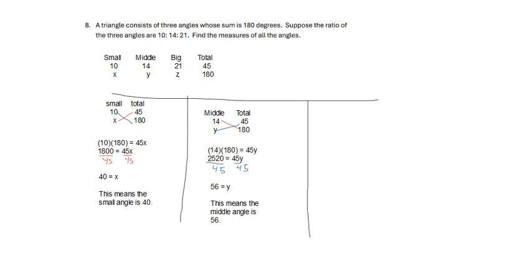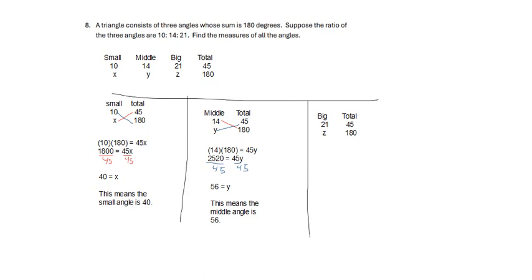So again, create another proportion. So we're going to have big and total. Big is 21, total is 45. Big, we don't know the actual angle, so it's Z. In total, it's 180.